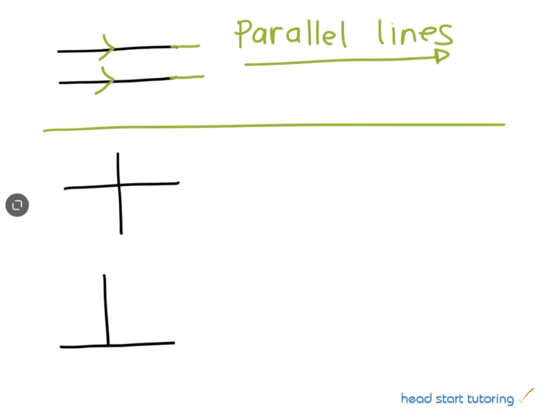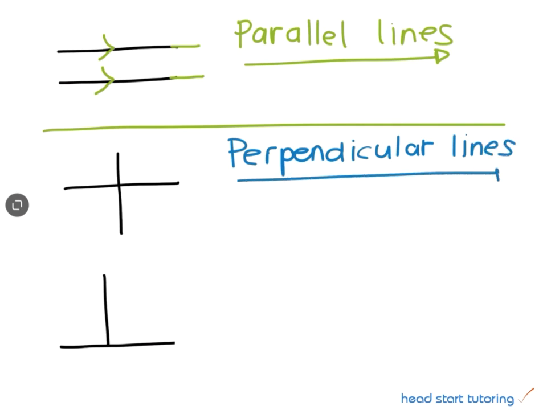Let's have a look at perpendicular lines. Perpendicular lines are two straight lines that intersect at a right angle, or at 90 degrees, because remember, a right angle is equal to 90 degrees.